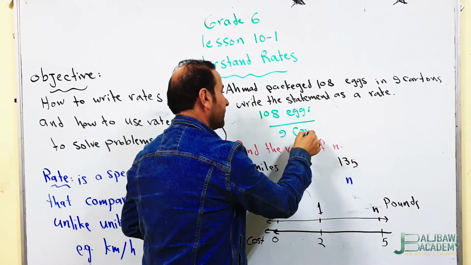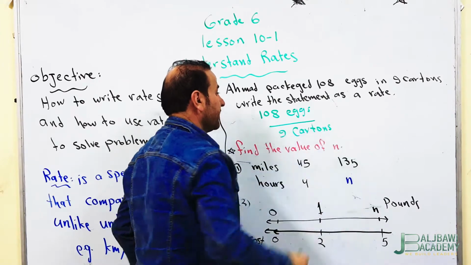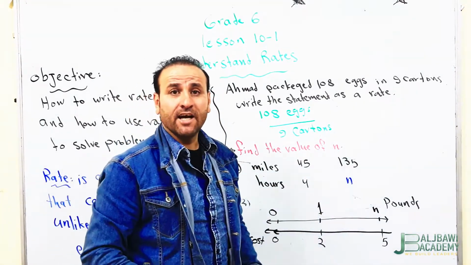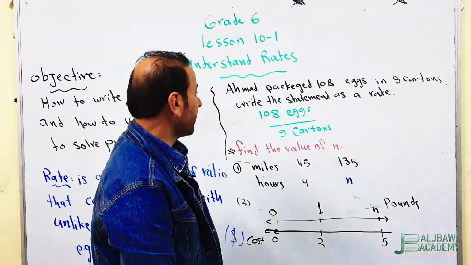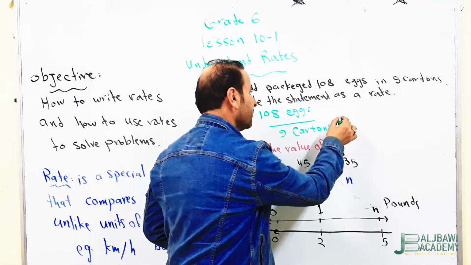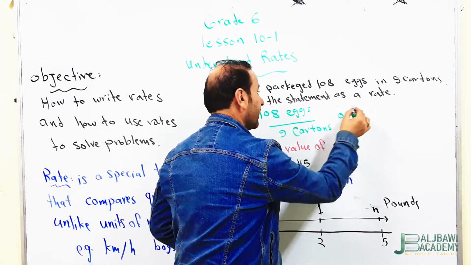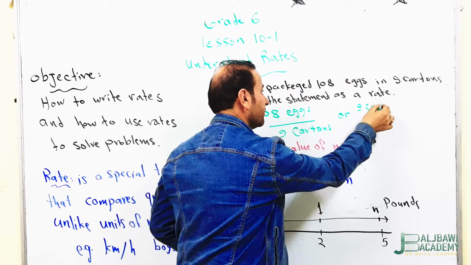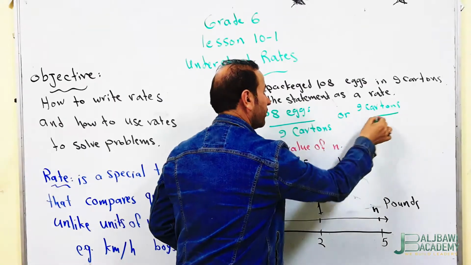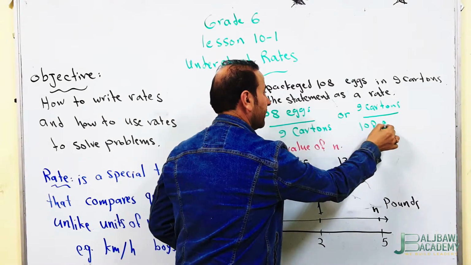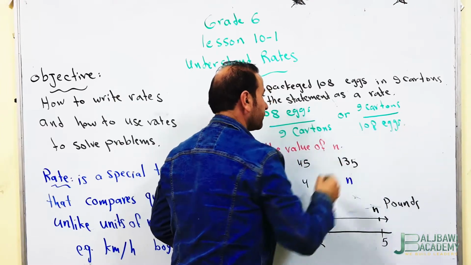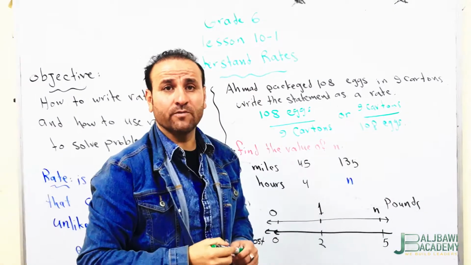In this case, we have written it as a rate. We can write it in another way, or we can write 9 cartons for 108 eggs. This is the first kind of question.